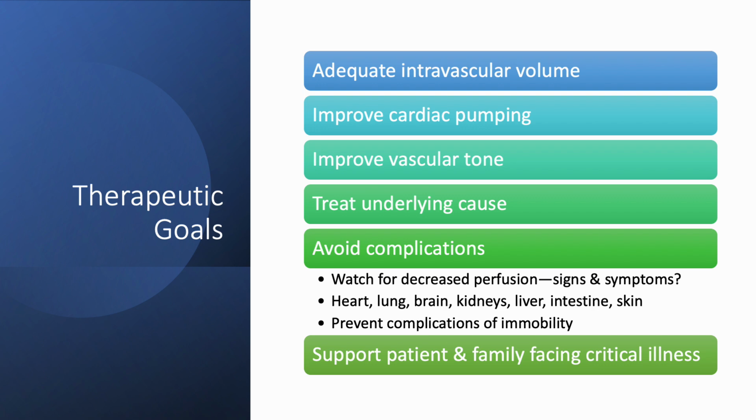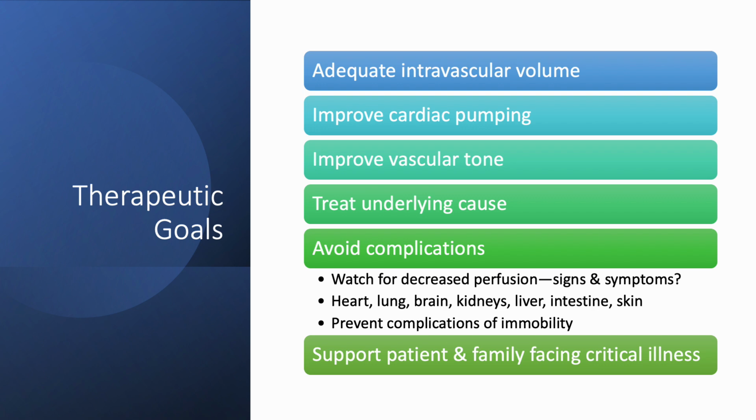You want to try to avoid complications by monitoring for signs of decreased perfusion in major organs like the heart, lungs, brain, kidneys, liver, intestine, skin. You want to take preventative measures to avoid complications like organ failure and secondary infections.